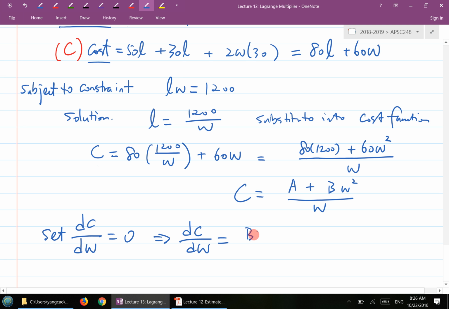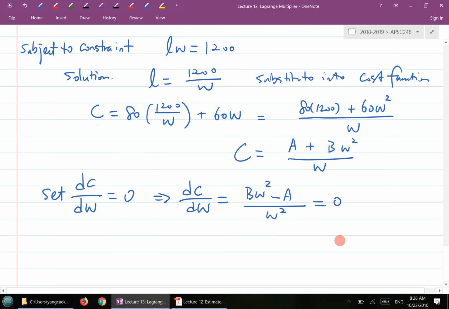You get bW squared minus a over W squared. Set it equal to 0, and the only way for this expression to be 0 is for the numerator to be 0.